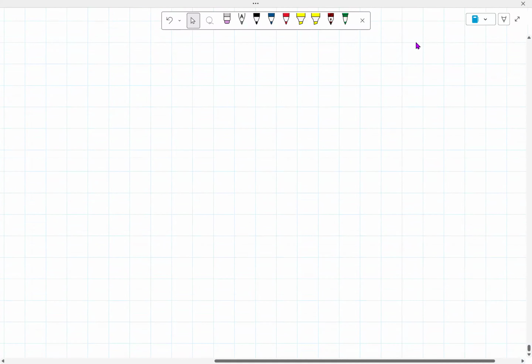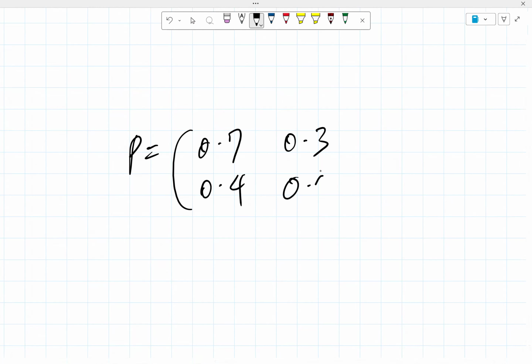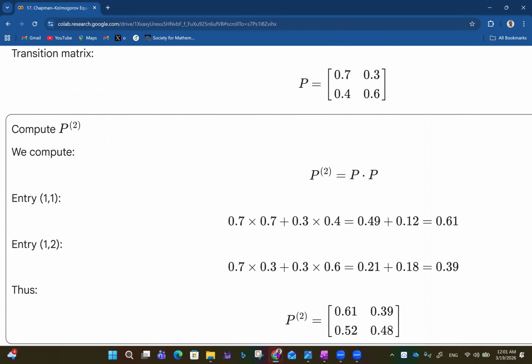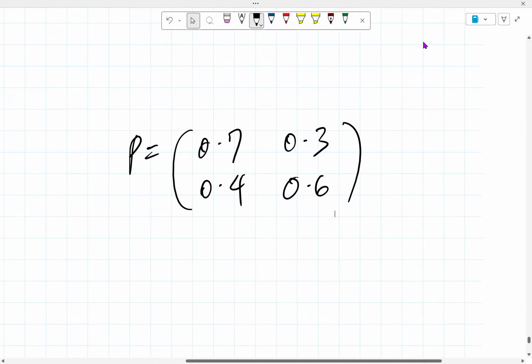So we have P to be 0.7, 0.3, 0.4, 0.6, and we just want to take the square of this.